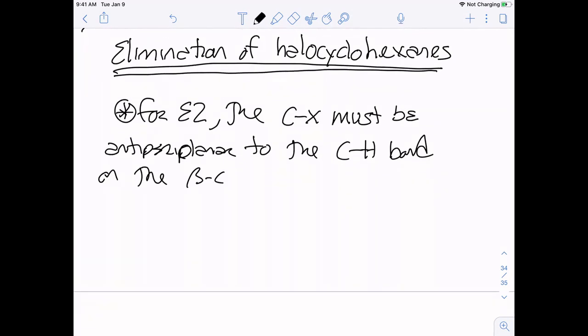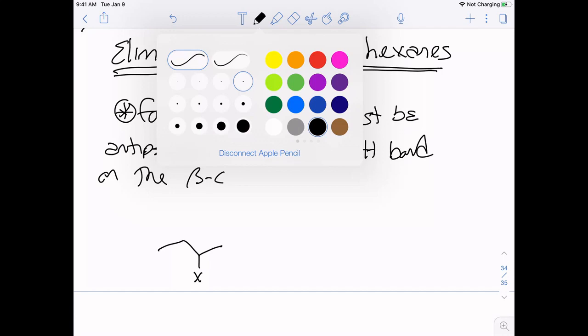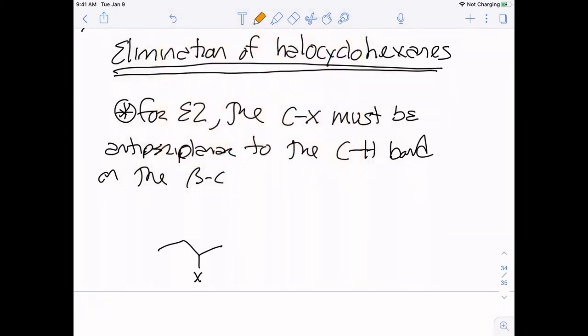So this is true for all E2 mechanisms. When we say they have to go anti-periplanar, anti-coplanar, we're saying that the halogen and the hydrogen have to be anti to each other, and they have to be on adjacent carbons. So if this was my substrate, this carbon right here is my alpha carbon.